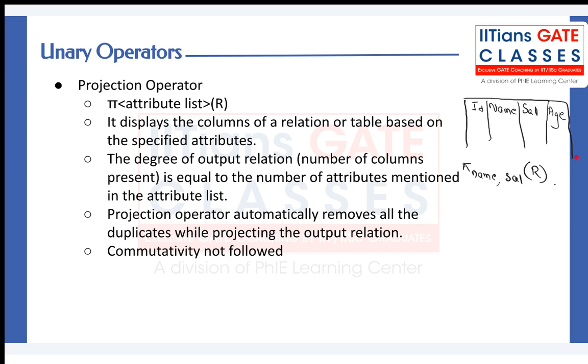So you mean to say, can I do this? I write pi of name, sigma salary greater than or equal to 1.5 lakhs of R. Is this the same as writing sigma of salary greater than or equal to 1.5 lakhs, pi of name, R?